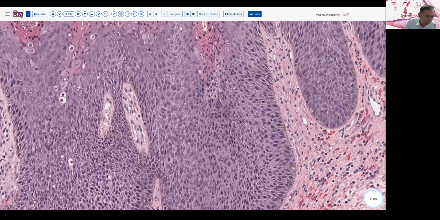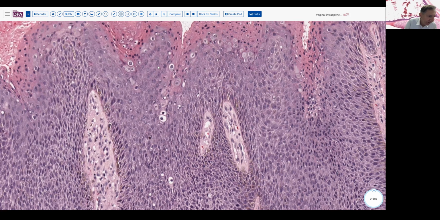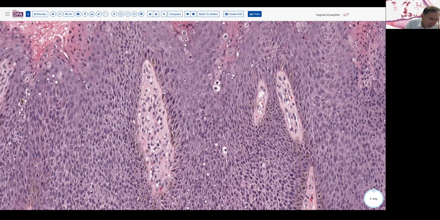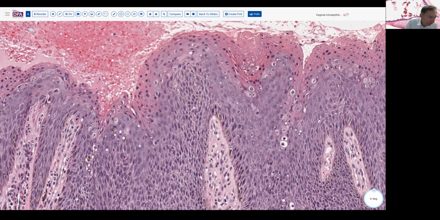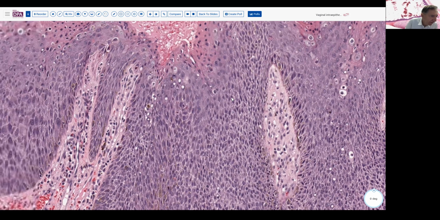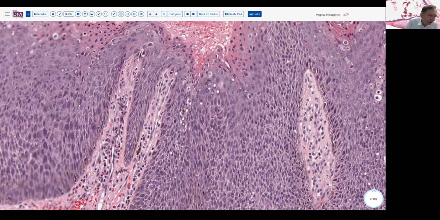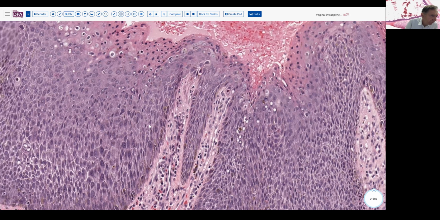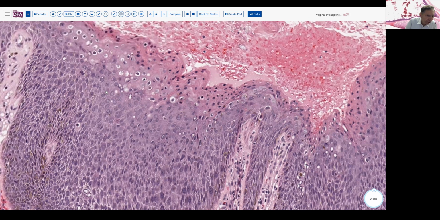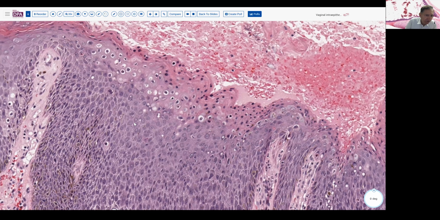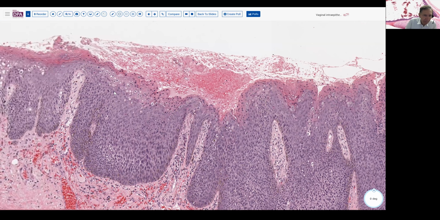We see some occasional mitotic figures in here as well. Let's see if we can find a good one. I know last night when I was looking, there were some upper level mitotic figures. Probably that's one there. So this would certainly qualify as a high-grade squamous intraepithelial lesion.